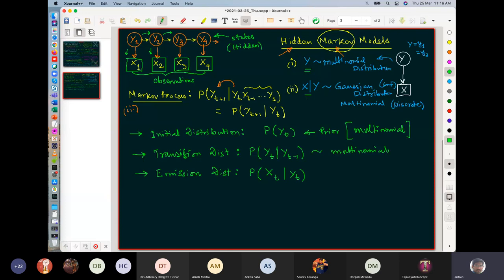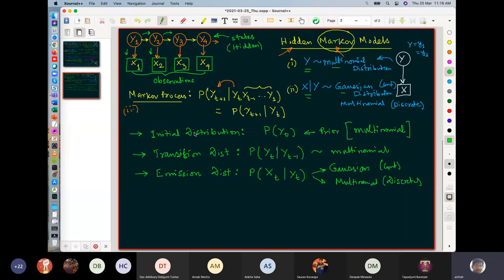For this, in the hidden Markov model, there are two possibilities. One is a Gaussian, if the scenario we are observing is continuous, or it could be a multinomial distribution, if it's a discrete scenario. Remember that you do not have to freeze these distributions ahead.